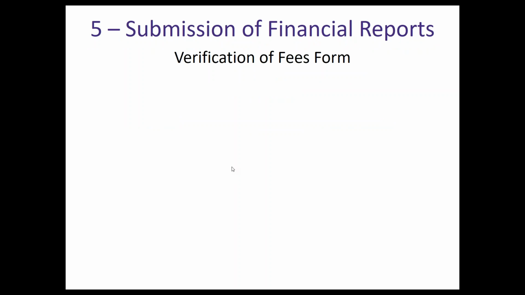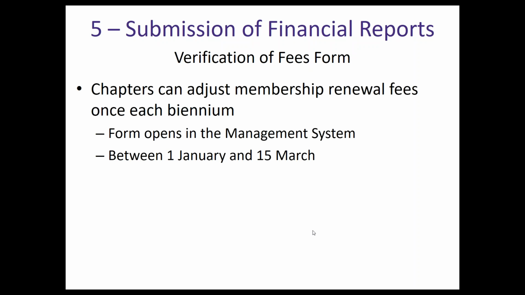The next report is the verification of fees form. This isn't required, but if your chapter does want to adjust your dues amounts at any time, you do only have this form available to you once a year, and you can only make adjustments once a biennium.